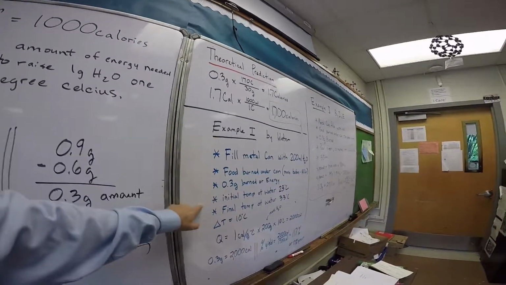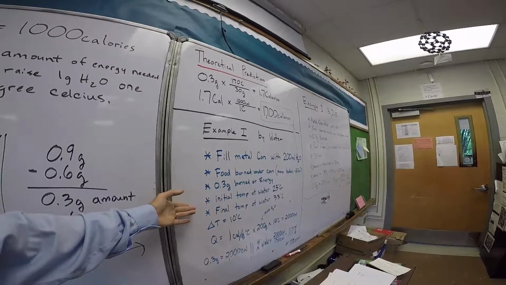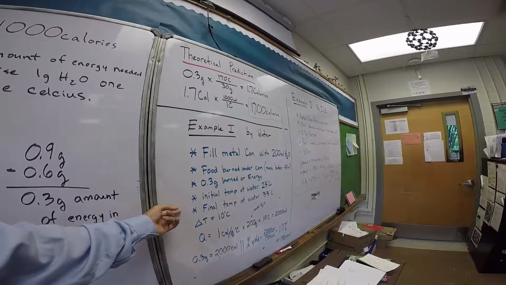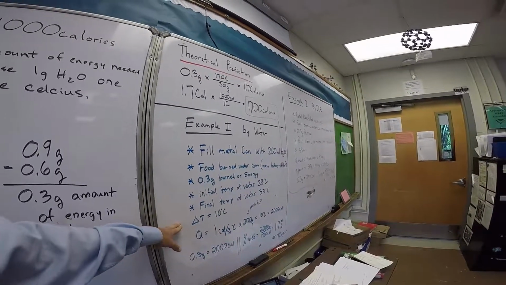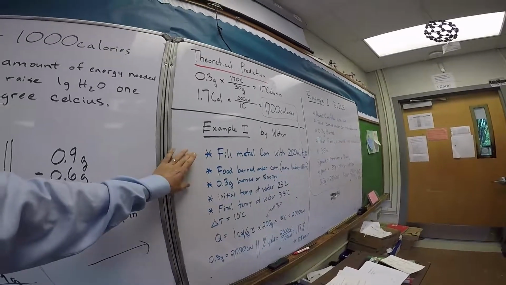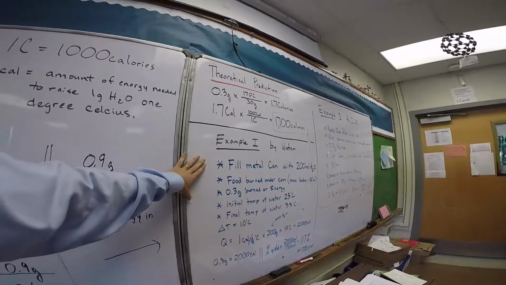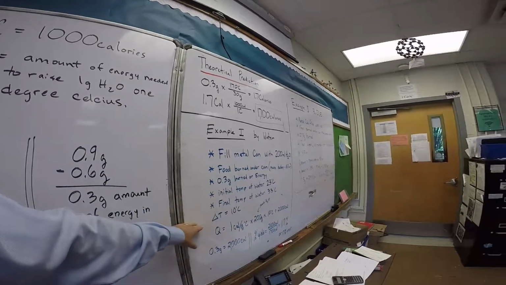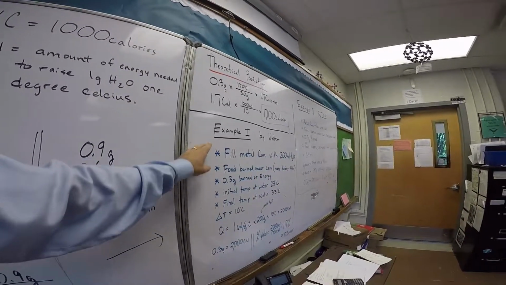Let's say it's 23 degrees Celsius, that's what the thermometer says. Then the final temperature is 33. So does everybody see you got a 10-degree temperature difference? You put 200 milliliters of water in the can, so you change that 200 milliliters by 10 degrees. Does everybody see how you're measuring the temperature of the water?